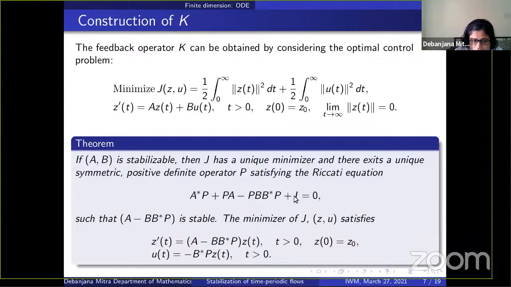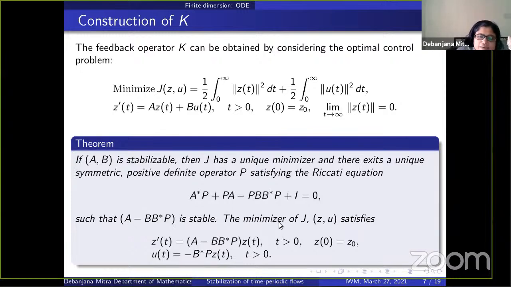Once you know that the stabilizability of (A, B) holds, then you have two conditions satisfied. One is that this minimization problem has a unique solution, and the second is that this Riccati equation also has a unique solution P, such that A minus BB star P is stable.